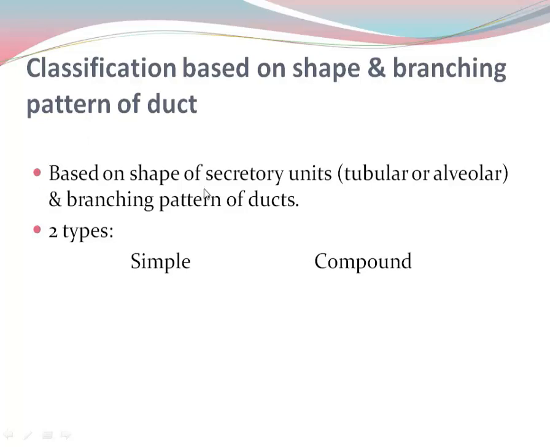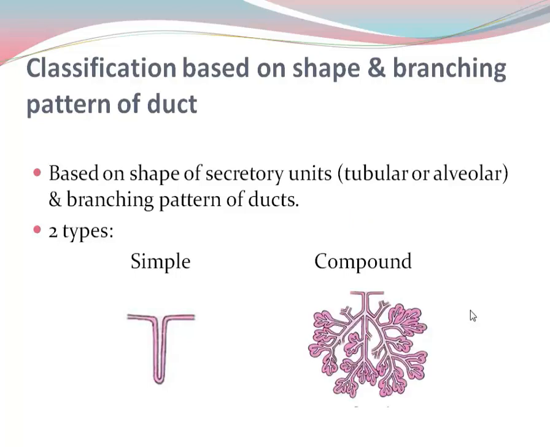Okay, so based on the shape of secretory units, tubular and alveolar, and the branching pattern of the duct, here you can see simple and compound glands. A simple gland is where only a single lining of epithelial cells is there, and a single duct pours the secretion outside.